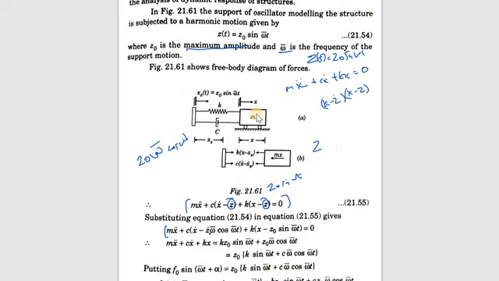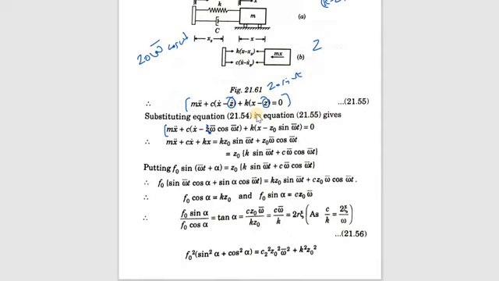So you can substitute, you can see that here I am having two terms, that is m x double dot plus c x dot plus k x is equal to, I am taking these negative terms to the other side. So this will be my solution: z0 [k sine omega dash t plus c omega dash cos omega t].